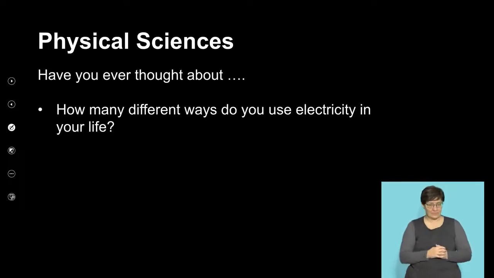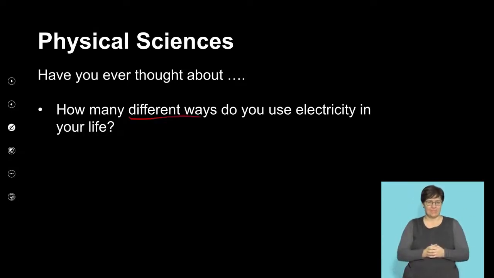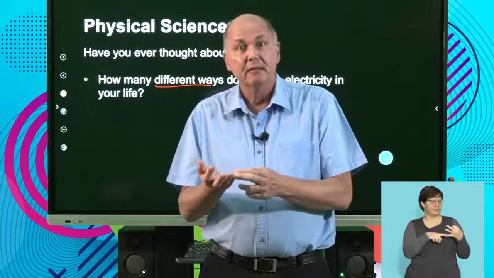So when we talk about electrodynamics, the one thing we need to start with is to consider how many different ways we use electricity. You could think about that and say, well, there's lighting, there's heating, but you know what?